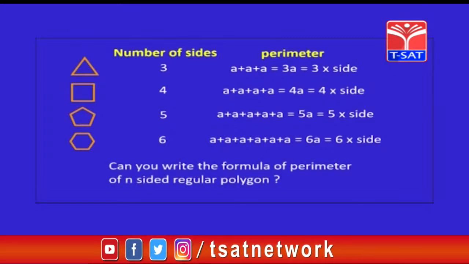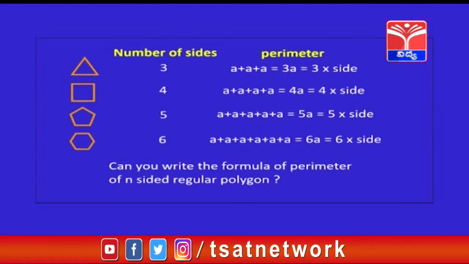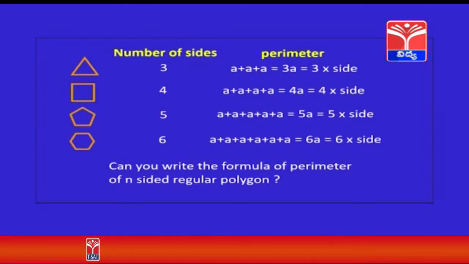Can you write the formula of perimeter of n-sided regular polygon? Yeah, here if there are n sides, n is any natural number. Now 3 into side, 4 into side, 5 into side, 6 into side. The perimeter depends on number of sides.